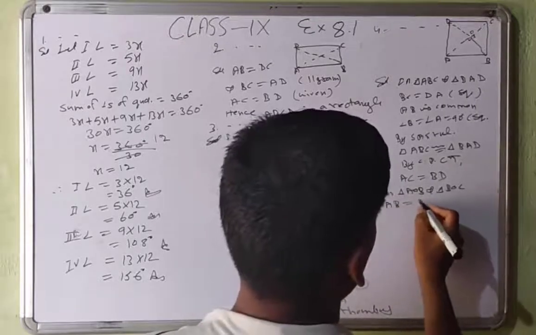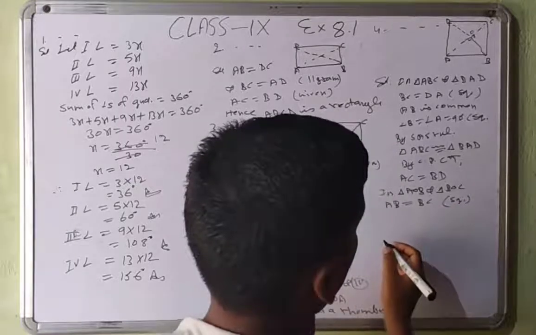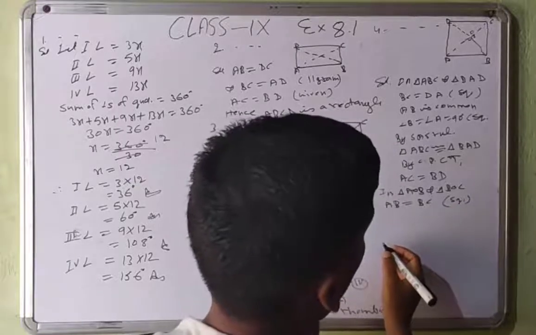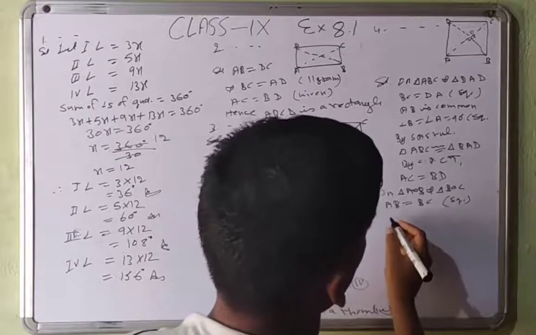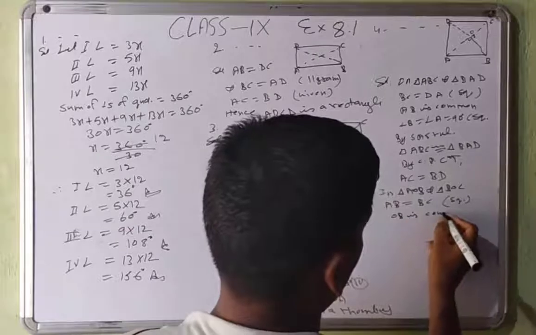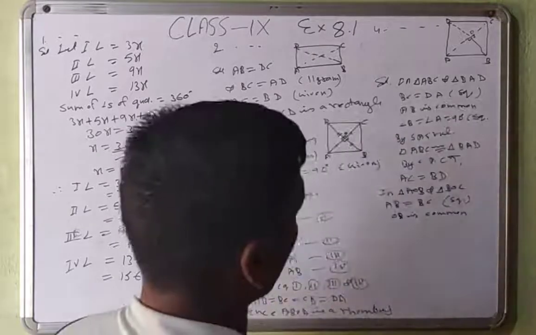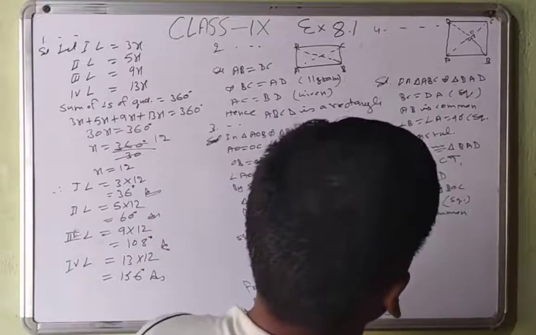AB is equal to BC by square, and OB is common. Now the third thing we will take is the angle.